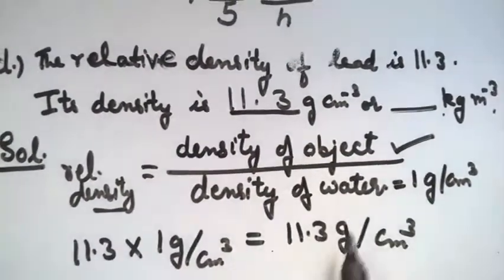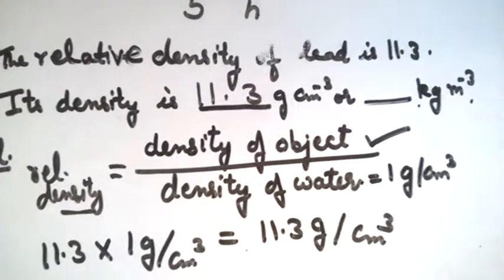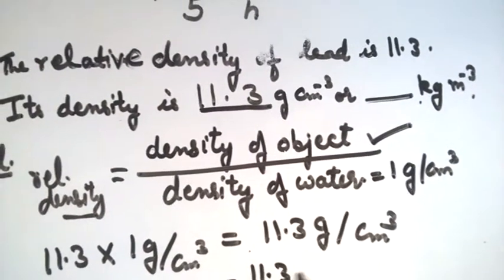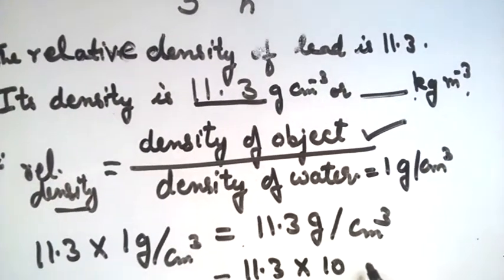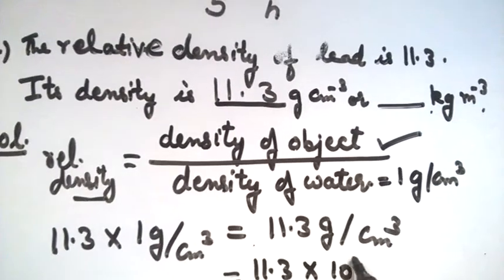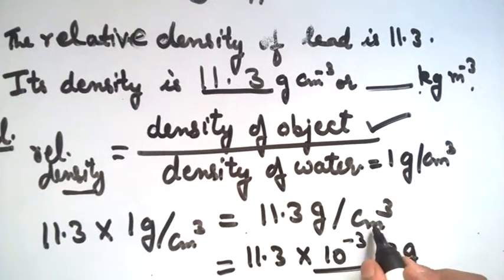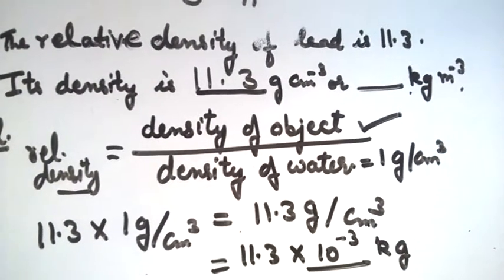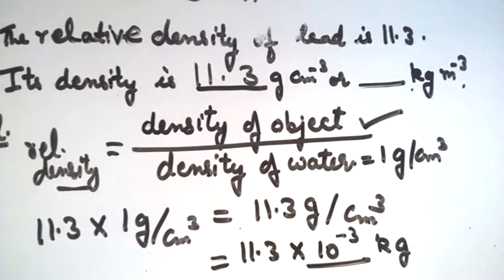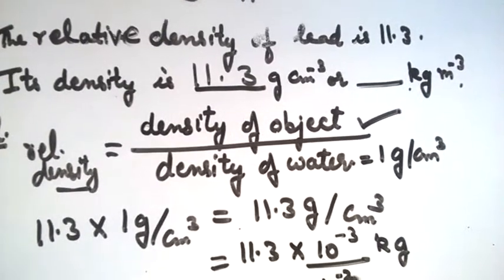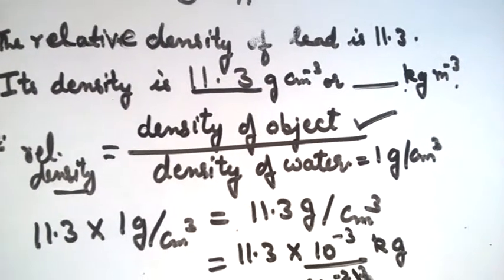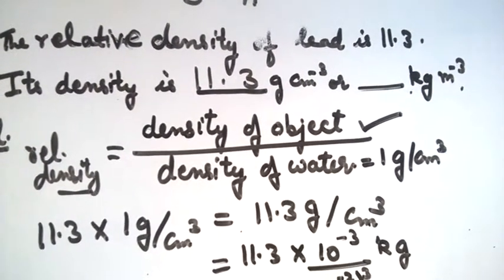And when we convert it into kilogram per meter cube, it will be equal to 11.3 into 10 raised to the power minus 3 kg per 10 raised to the power minus 2, whole raised to the power 3, meter cube. That is 10 raised to the minus 3 over 10 raised to the minus 6.